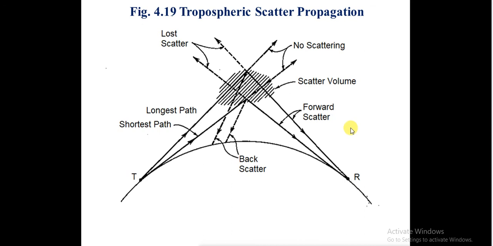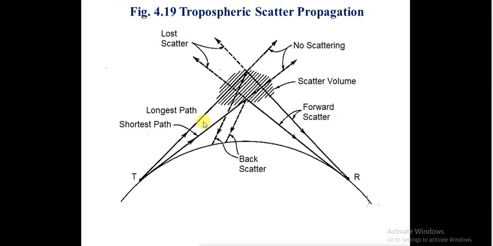To conclude about tropospheric scatter propagation, again I would like to say that this type of propagation is beyond the radio horizon propagation. This scatter volume is permanently present, so it is not affected, just like the ionospheric layer.